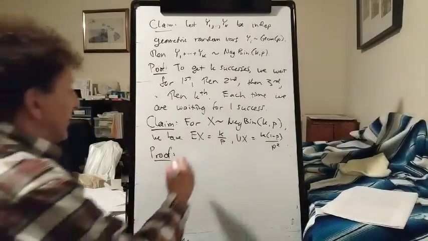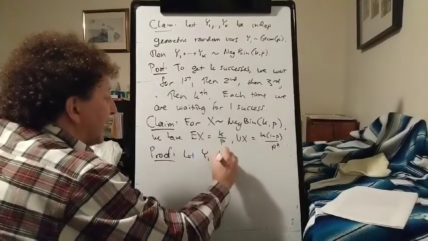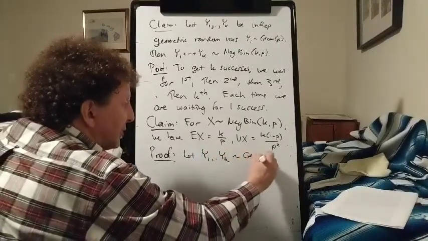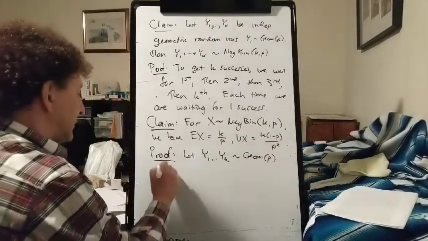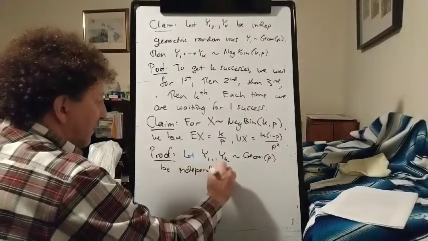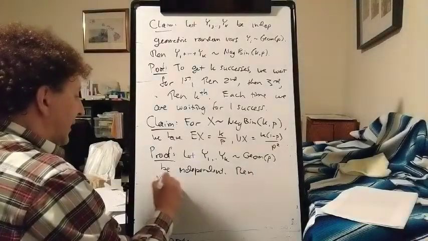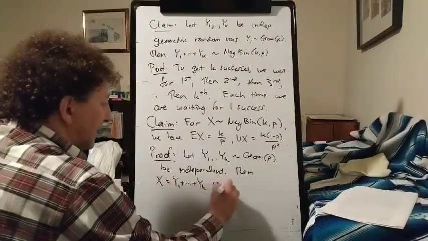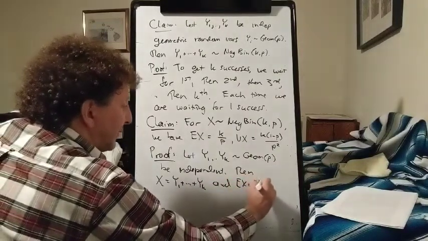The reason for this is, so let's let Y1 through Yk be geometric random variables with parameter p. Let them be independent. Then X is the sum of these, and the expected value of X is the sum of the expected values of these.